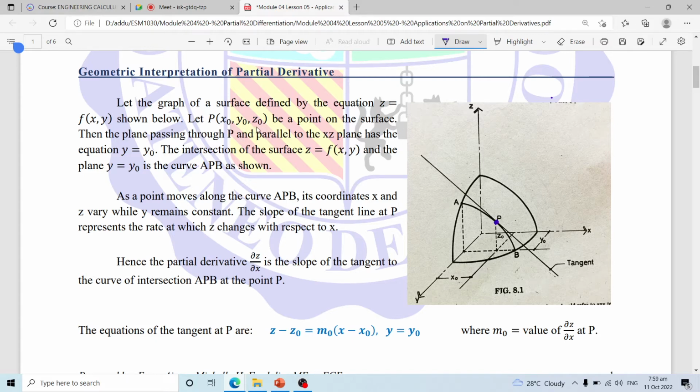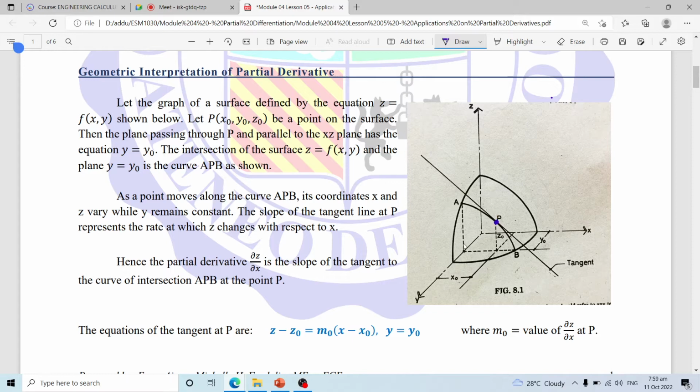Then the plane passing through P and parallel to the xz plane has the equation y is equal to y sub o. Yan. Asan na yun? Ayan. The intersection of the surface z is equal to f of x and y, and the plane y is equal to y sub o is the curve APB as shown.